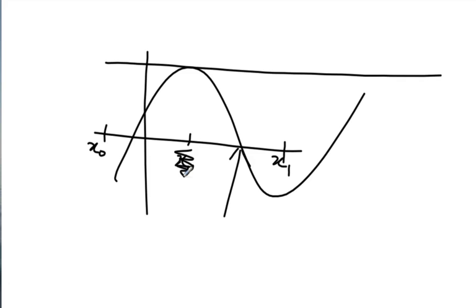The downside of that is what? Takes ages. In fact, it'll take you half an hour when you set out the table and do it. It'll take ages, but you will get there. Newton-Raphson method, very fast, but if you start in the wrong place, you could get nothing.